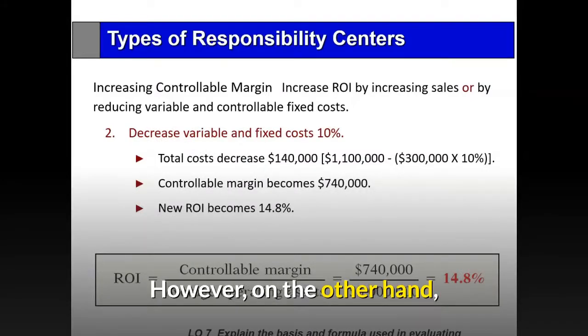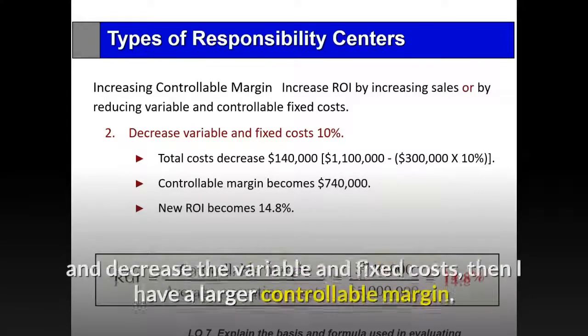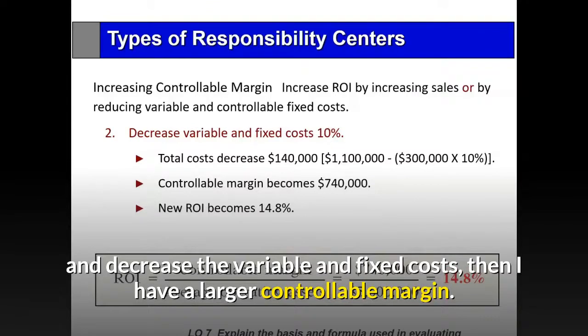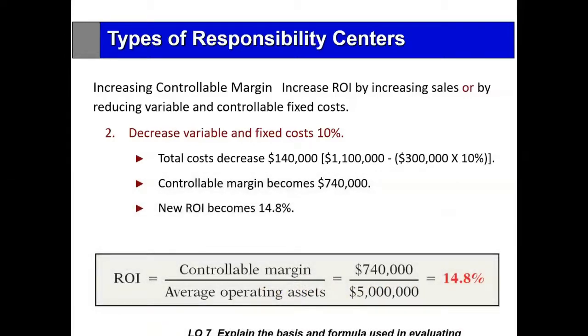However, on the other hand, if I increase controllable margin by increasing sales and reducing variable and fixed costs, then I have a larger controllable margin, and with the same assets, $5 million, I've achieved a greater ROI.